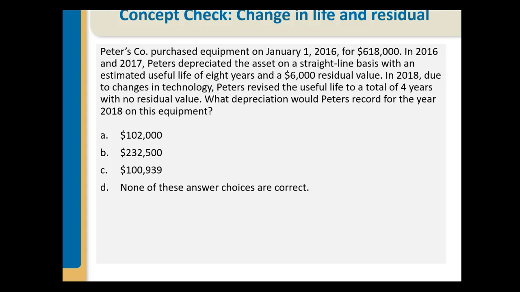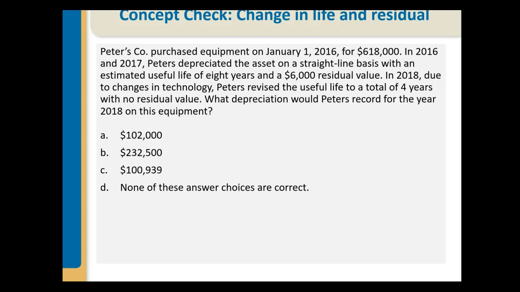Peter's company purchased equipment on January 1st for $618,000. In 2016 and 2017, Peters depreciated the asset on the straight-line basis with an estimated useful life of 8 years and a $6,000 residual value.